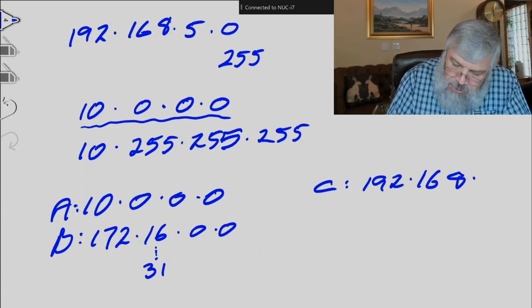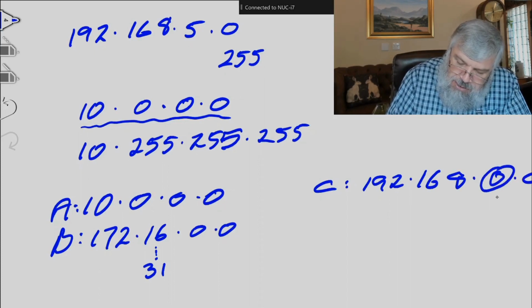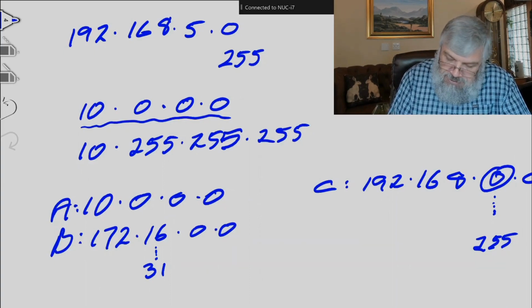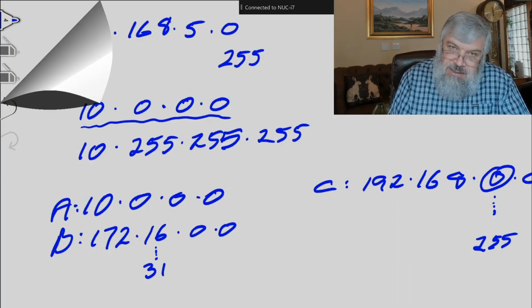And here you can go from 0, and you can go up all the way to 255. So 256 possible addresses in the C block that you are allowed to use for private use. They are not assigned by an ISP or by someone else. Anyone is allowed to use these.